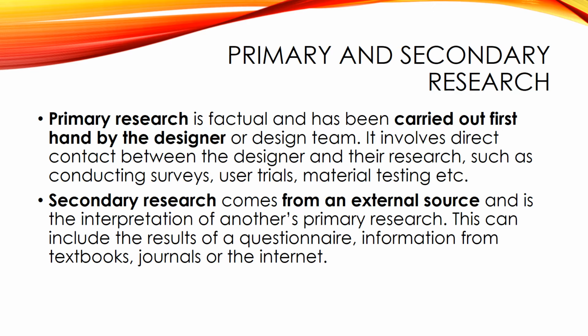Commonly when we are researching ergonomics, for example, and we take information from an ergonomic data book, that is secondary research. We've not carried that out ourselves, but it's research that we are referencing in our work. So that's really the main difference. Primary research has been carried out by the designer themselves. Secondary research has been carried out by somebody else and the designer is merely making reference to it.